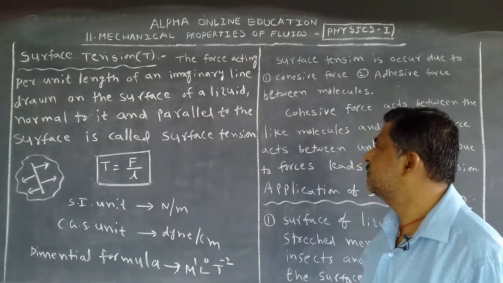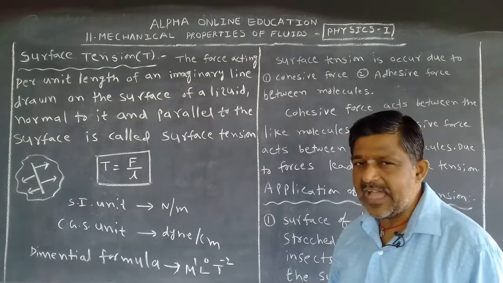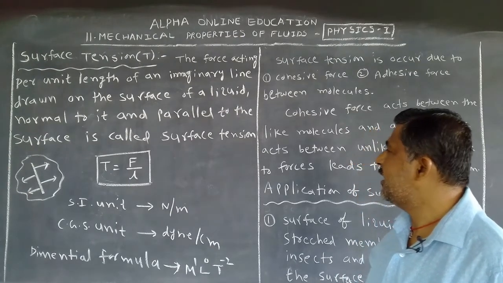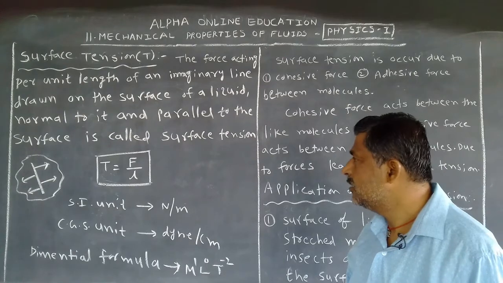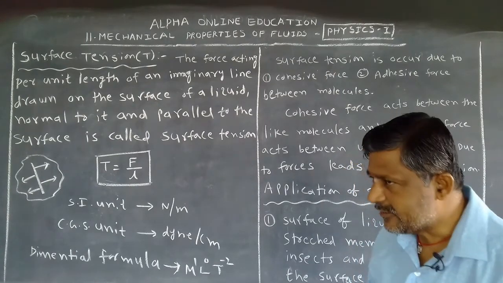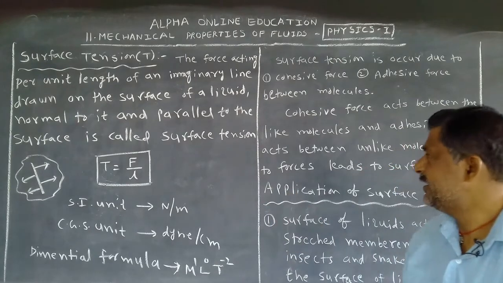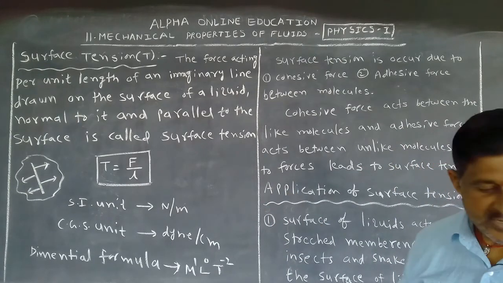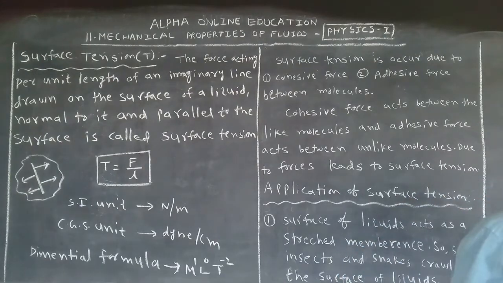Once again, the force acting per unit length of an imaginary line drawn on the surface of a liquid, normal to it and parallel to the surface, is called surface tension.